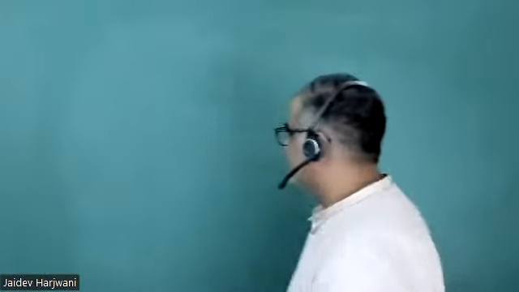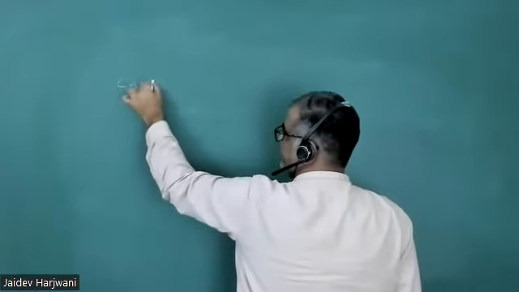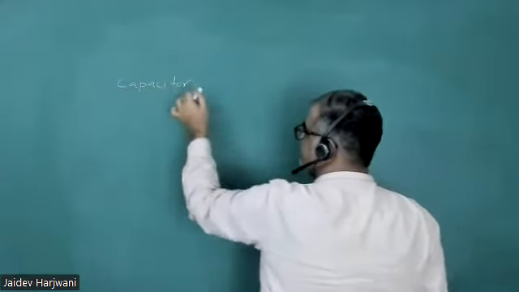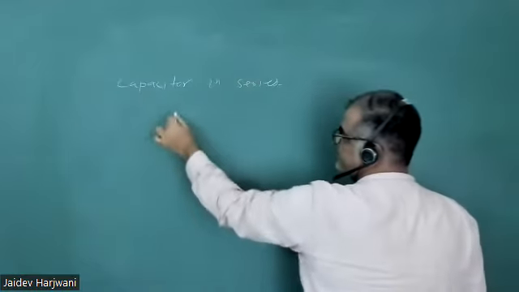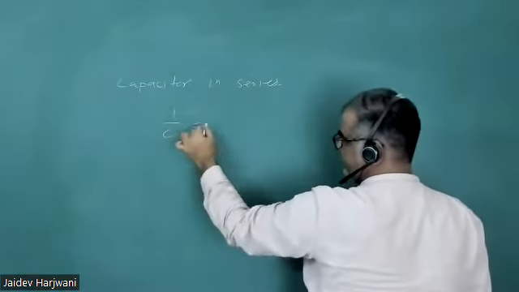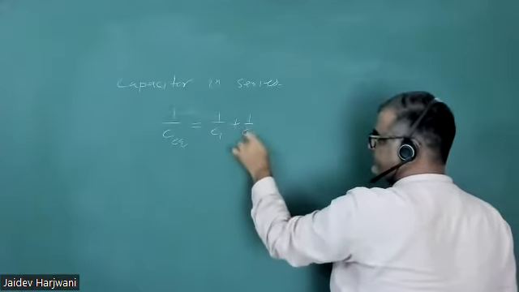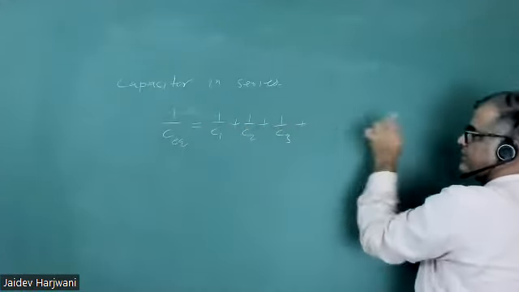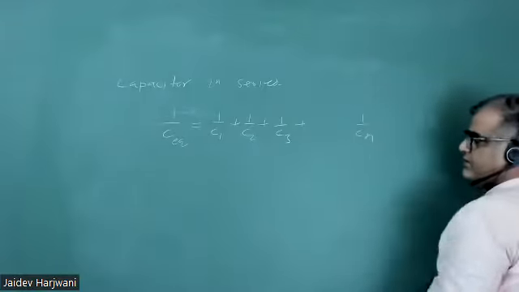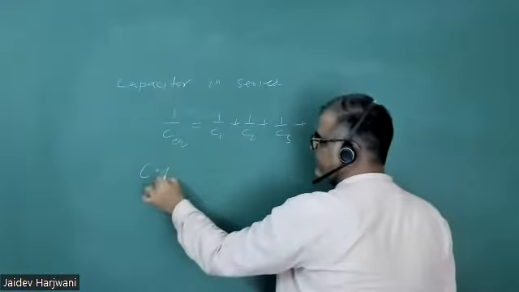Okay, now I'm not deriving the formula. When capacitors are in series, their equivalent capacitance is given by 1/C equals 1/C1 plus 1/C2 plus 1/C3 up to 1/Cn.